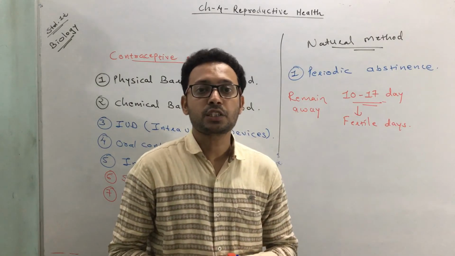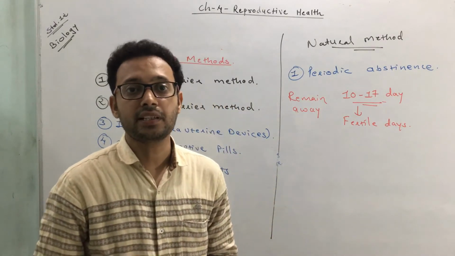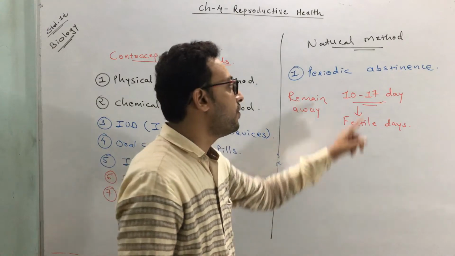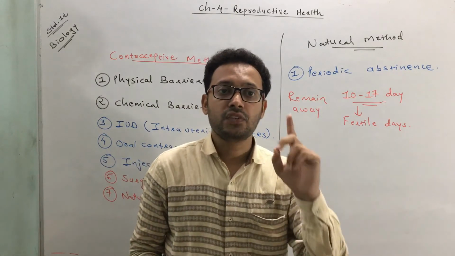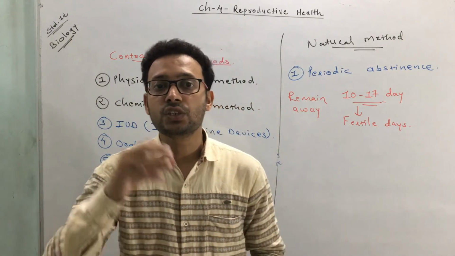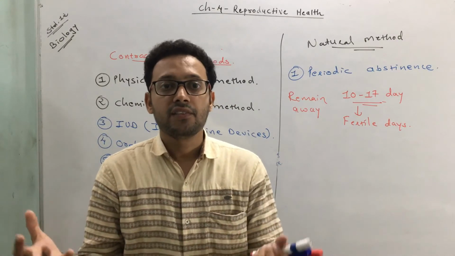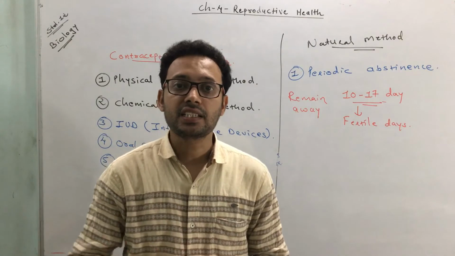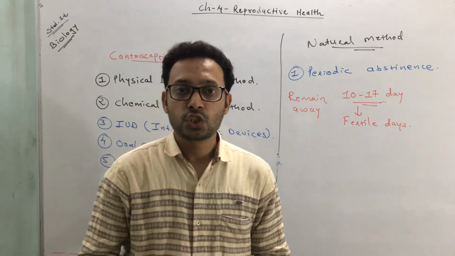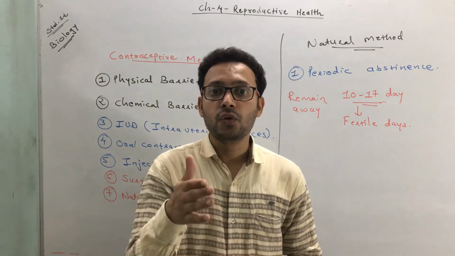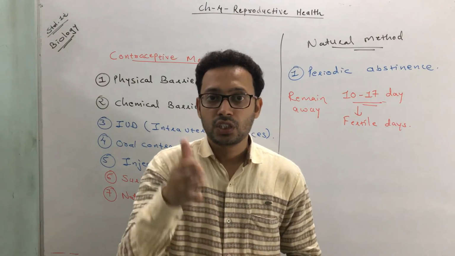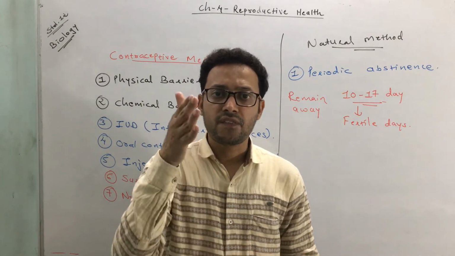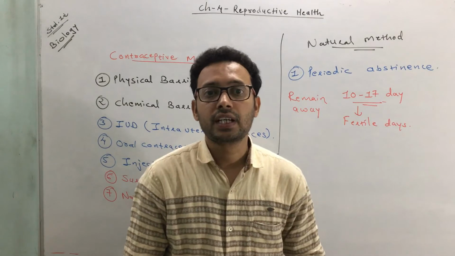Because on day 14 there is ovulation, the release of the ovum. For fertilization to take place, the meeting of sperm and ovum is necessary, and then pregnancy occurs. So on day 14 there are the highest chances of conception.